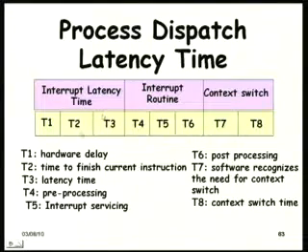So, the interrupt latency time is the initial hardware delay for the sensor to recognize the event and then to be reported, the time it takes till it is registered with the CPU, the time it takes to finish the current instruction T2, T3 is the latency time, and T4 is certain pre-processing that is done in the interrupt routine, the ISR, and then the ISR executing, then some post processing that needs to be done, and T7 is that once the ISR completes, the OS recognizes the need for context switch, and then the final context switch time.